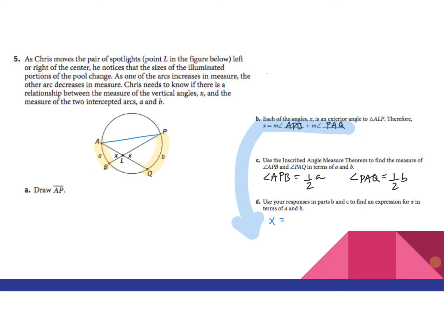So let's do a little substitution of part C and substitute in 1/2 A and 1/2 B for the angles above. So really X equals 1/2 A plus 1/2 B. Now think about this. If I use the reverse distributive property, which is really finding the greatest common factor, I could divide out 1/2 from both of those terms. So I could also rewrite X is equal to 1/2 times (A plus B).